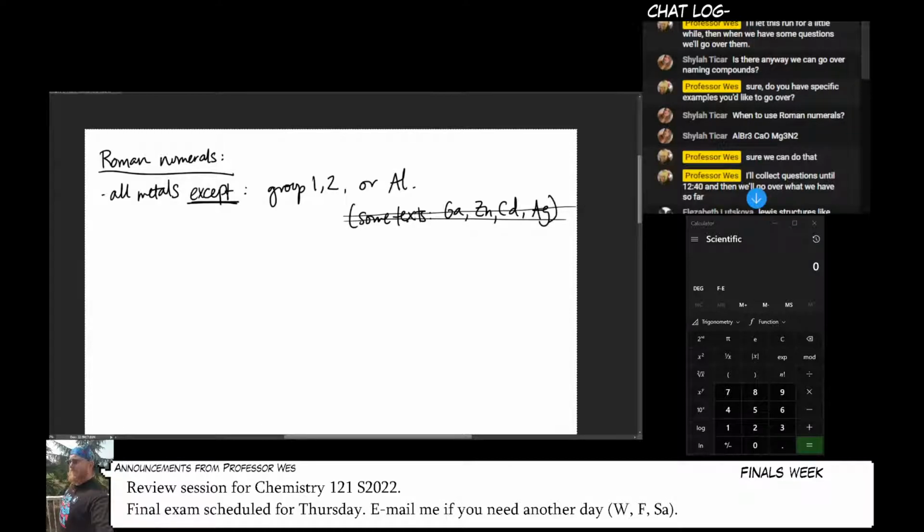So, for example, if I said, name this, and we'll use aluminum bromide because that's on the screen here. We would say, okay, well, aluminum is always +3 because it's in group 13. And bromine is always -1 because it's in group 17. And we can remember that by saying, okay, if I draw the Lewis structure, and then I try and get an octet, removing electrons from something gets an octet.